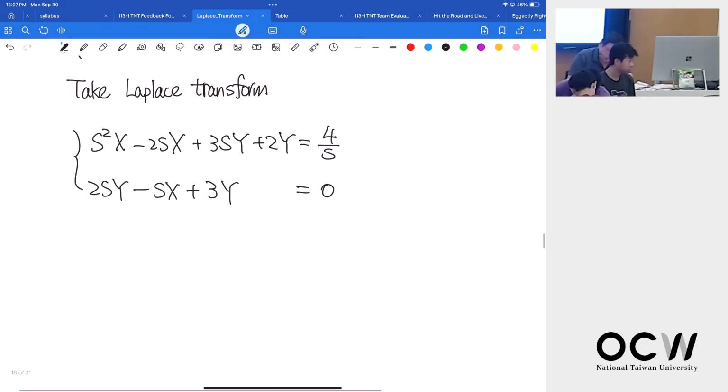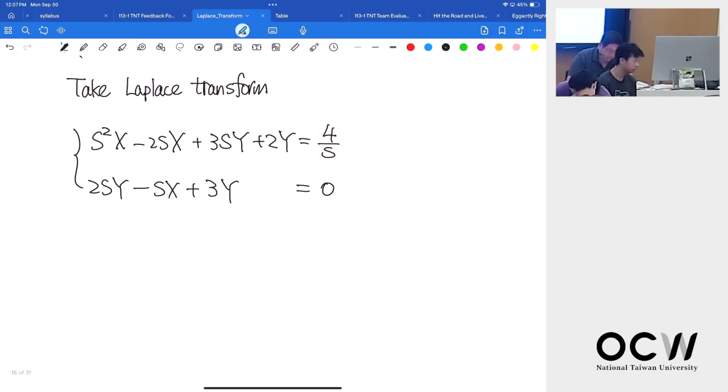So you can find x and y. So your x is 4s plus 6 divided by s squared, s plus 2, and s minus 1.